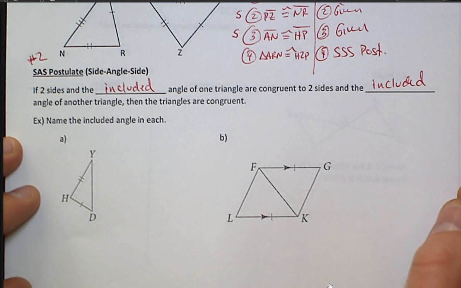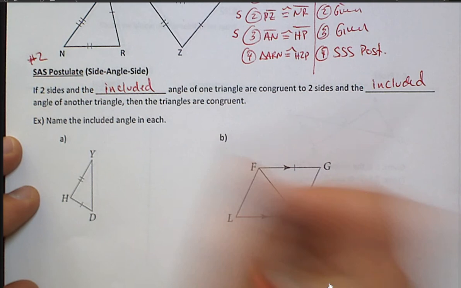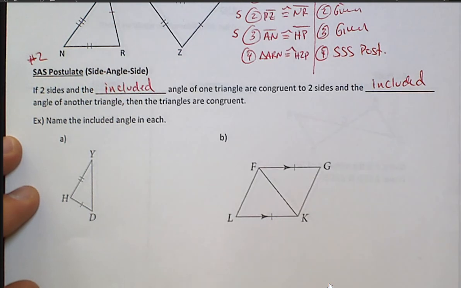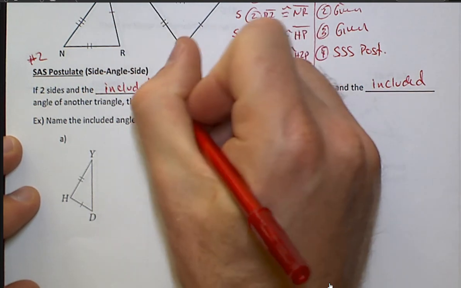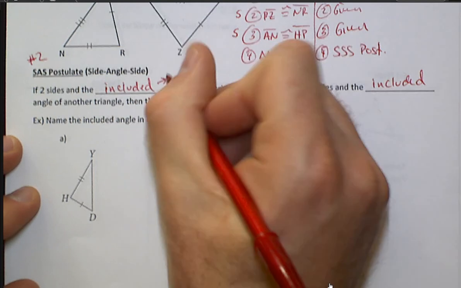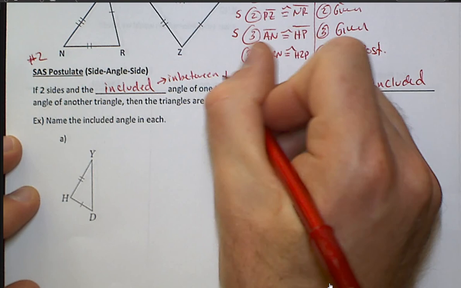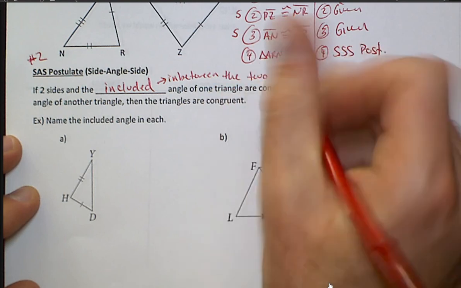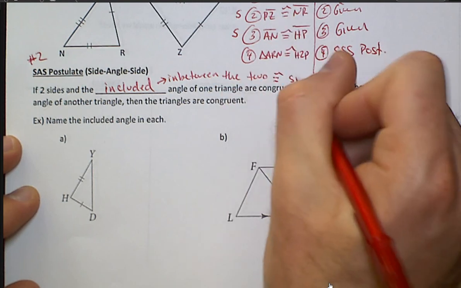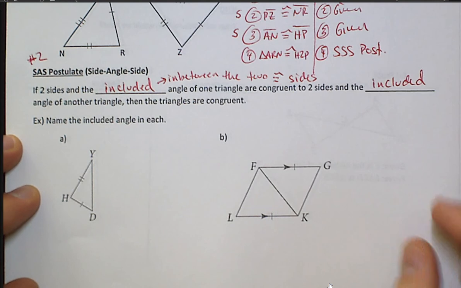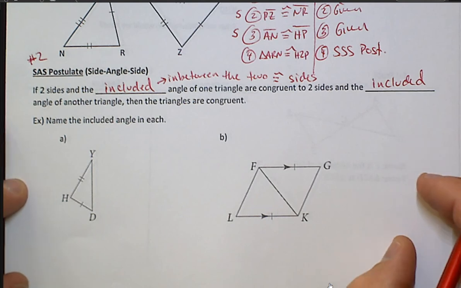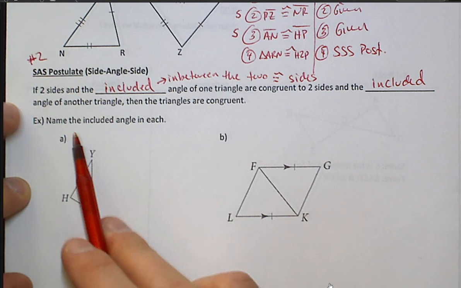Included angle. Let me show you what that means. Let me kind of hopefully explain what included means. Another way of explaining it would be in between the 2 congruent sides. Okay? And I'll show you an example of that here in example A. It says name the included angle in each.